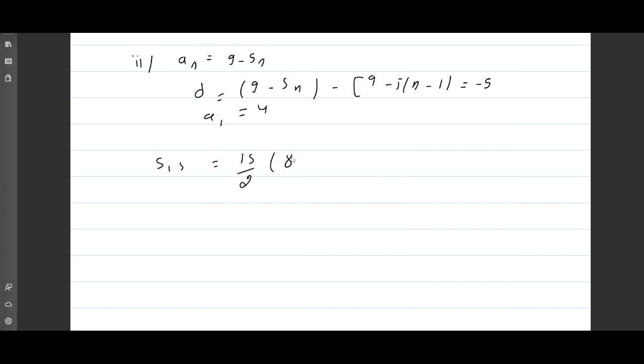So this is equal to 8 plus n minus 1, 14, into d. d is equal to minus 5. So on solving this, we get minus 465.